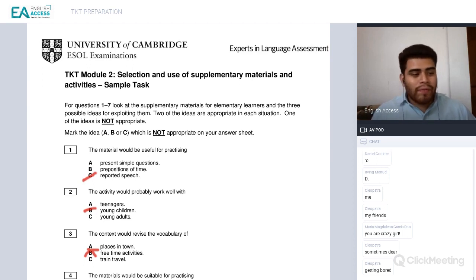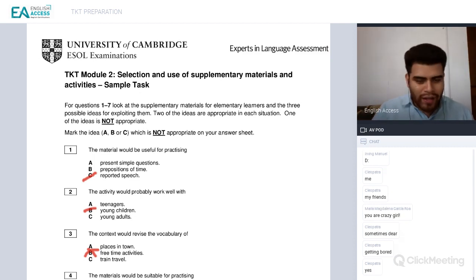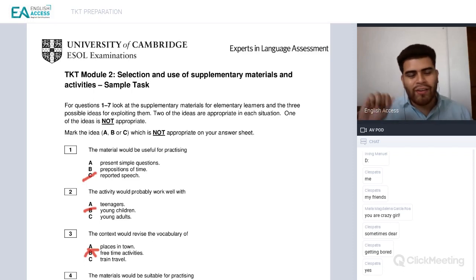For example, if I'm going to teach the present perfect, I can show them the song, Have You Ever Seen the Rain? And we can practice. All right? Guys, I want you to underline the parts where you see the present perfect. And they underline, Have you seen the rain? And all that stuff.